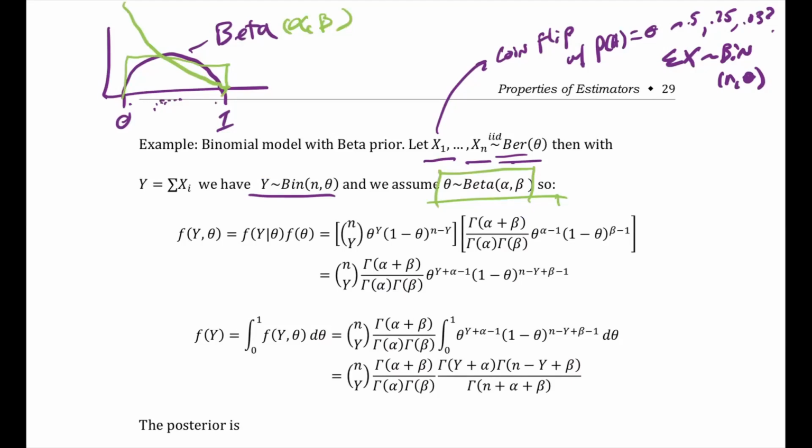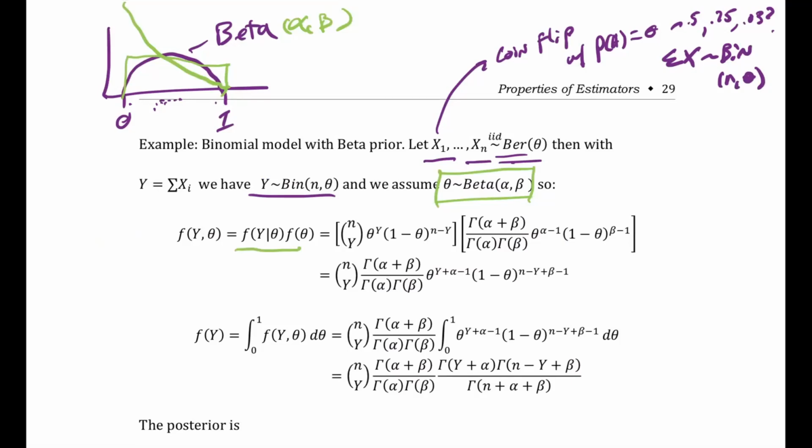And then what I'm going to do is connect these things together. So how do I connect it? Well, the top of Bayes' theorem is this quantity.